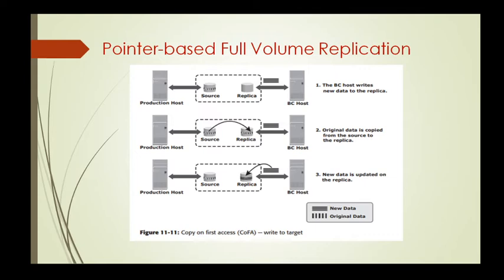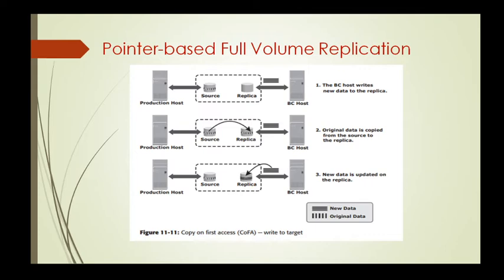Next, in the third step, what happens? The new data is updated on the replica. It is not going to be communicated to the source, it is just updated on the replica. So in all of these cases, the protection bit for the data block on the source is reset to indicate that the original data has been copied over to the target.